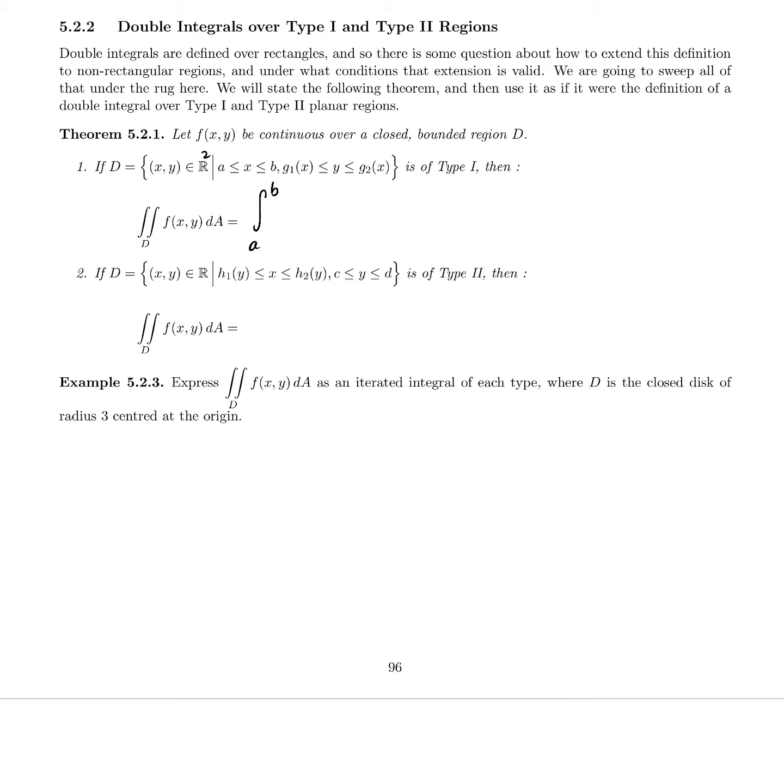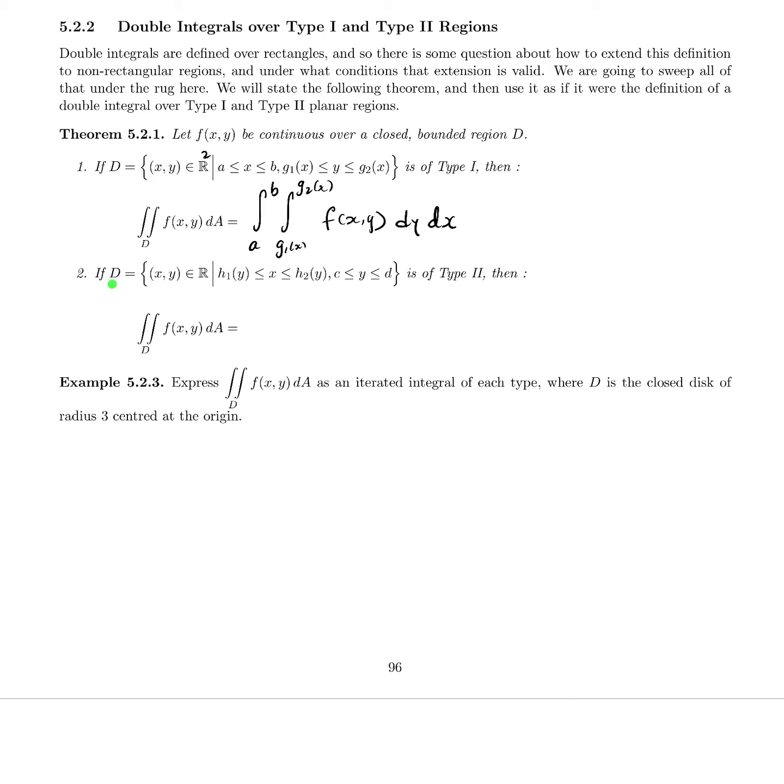The integral from a to b of the integral from g1 of x to g2 of x of f of x y, and g2, these are y bounds, so that is dy, and then a b are x bounds, dx. So we have variables in the bounds.